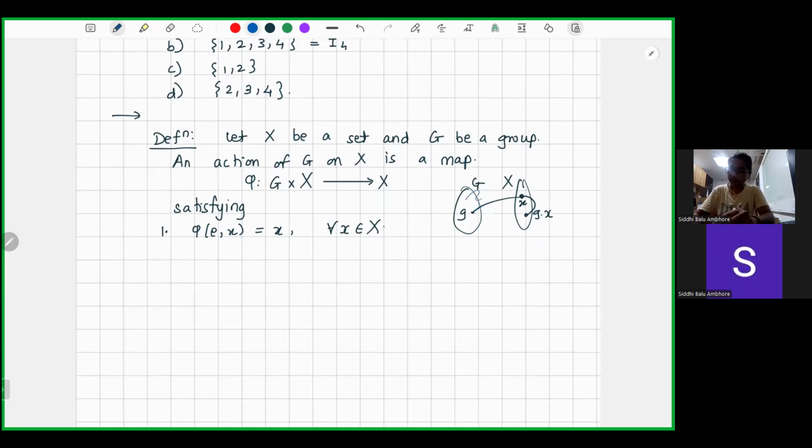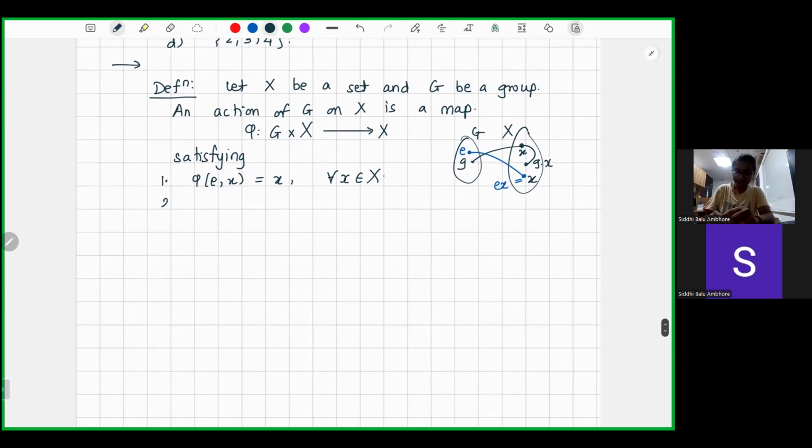So e of x must be equal to x again. Whenever my identity element acts on any element of set X, it must be equal to x again.